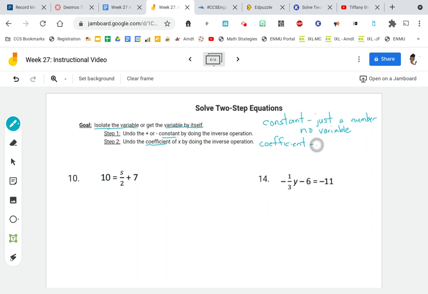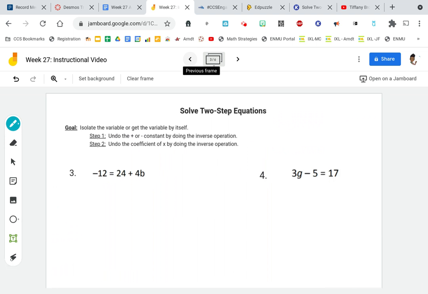So it is the number that multiplies the variable. And we may have to take an alternate interpretation of coefficient. So let's go ahead and just jump in there and get started.